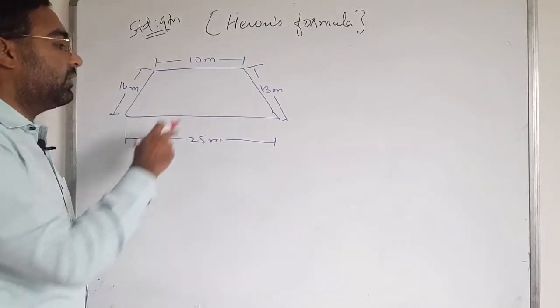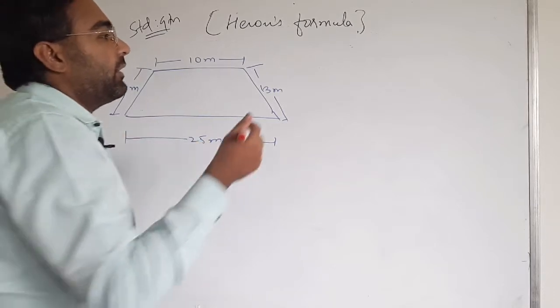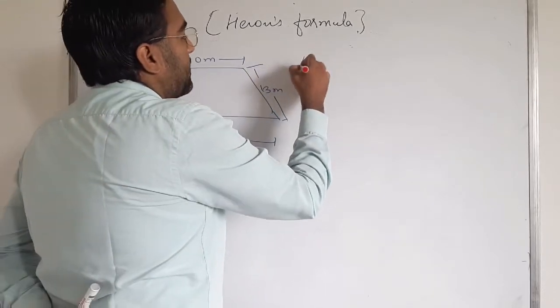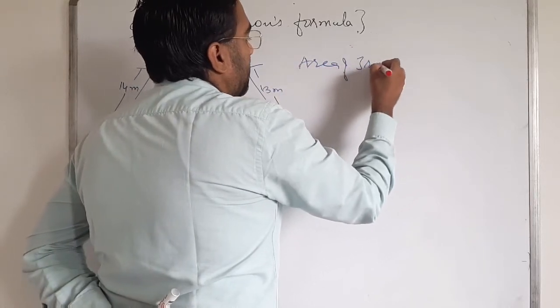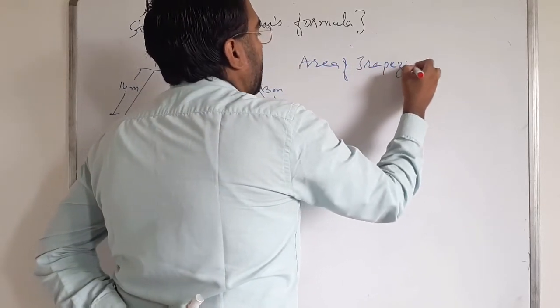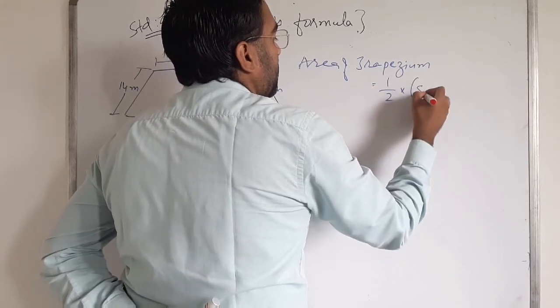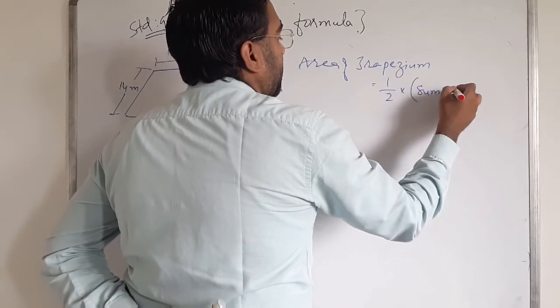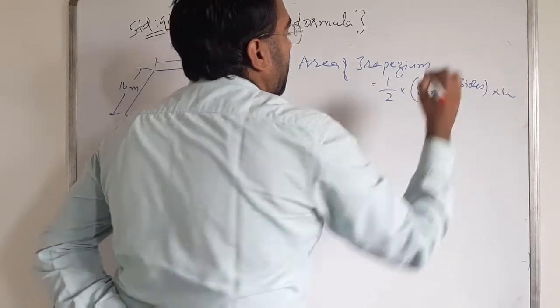What is the area of the trapezium? We know the formula for the area of the trapezium: area of trapezium is equal to half into sum of parallel sides into h.